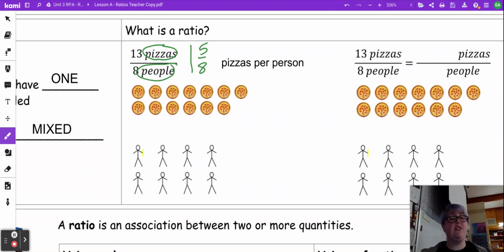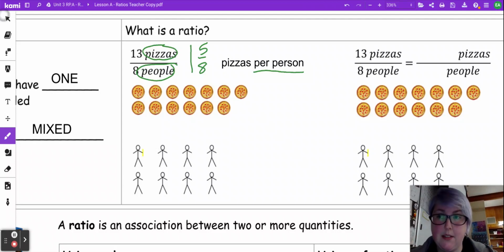We haven't lost those words. We can describe this as one whole pizza and 5/8 per person, meaning there's a ratio, there's an amount of pizza each person gets. The labels are super duper important, folks, because ratios, you are labeling both numbers.